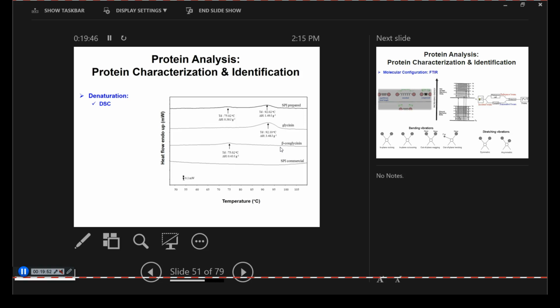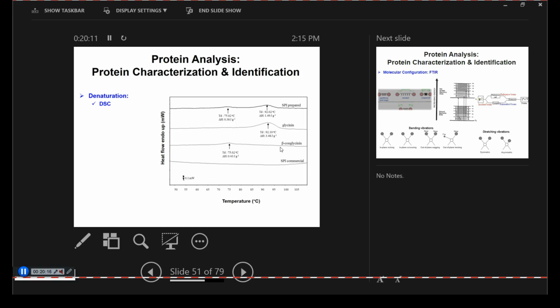Whereas the soy protein isolate we prepared in the lab was prepared in a way with minimal thermal treatment. So we were still able to see two endothermic peaks for the two main subunits within the protein: the beta-conglycinin, we'll learn about them later, and glycinin. The one that has higher denaturation temperature is the protein that has disulfide linkages in it.